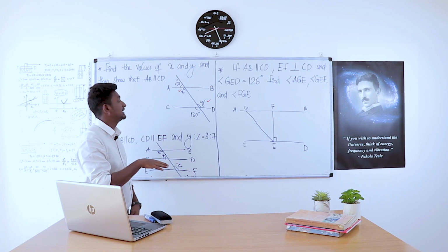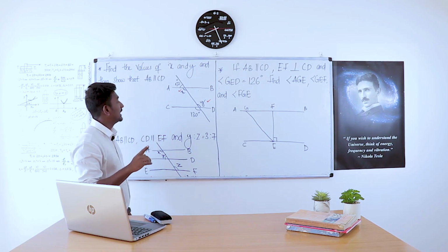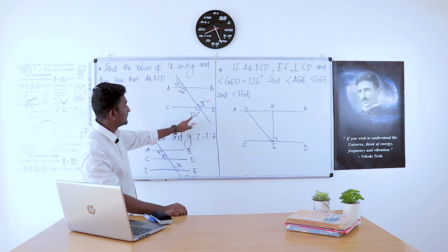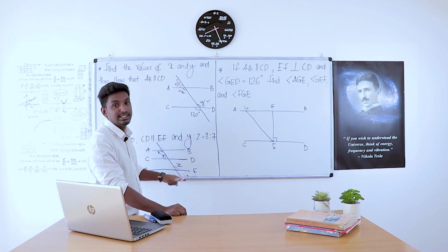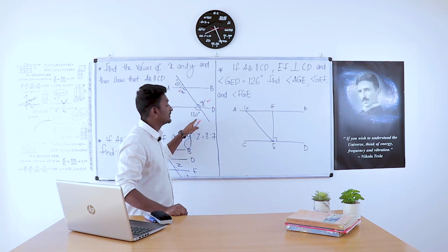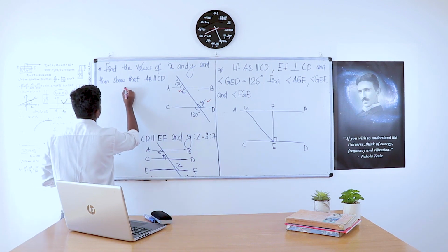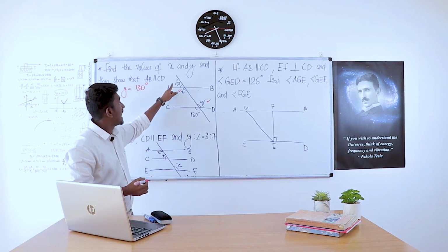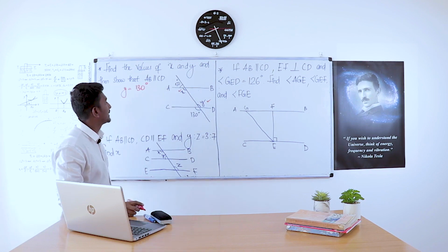Before studying parallels and transversal, we studied a theorem that when two lines intersect each other, vertically opposite angles are equal. Here, y is vertically opposite to the angle 130 degrees. Therefore, y is equal to 130 degrees. Now look at angle 50 degrees and x: they form a linear pair.